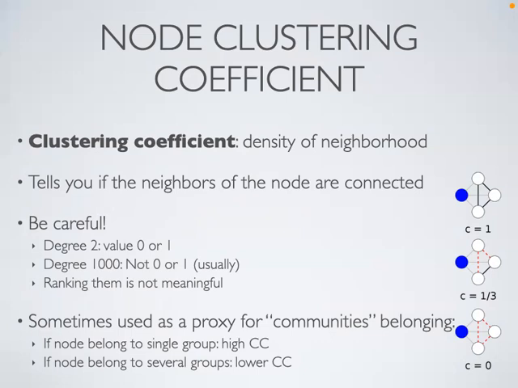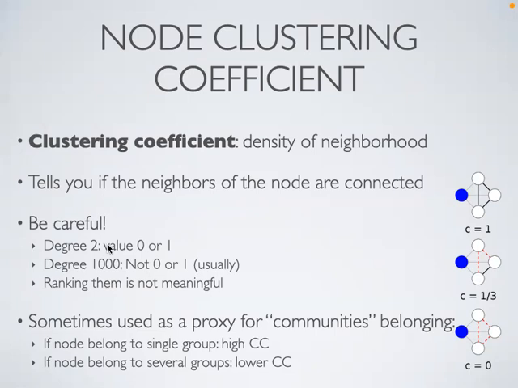Another one that we have already discussed is the node clustering coefficient. If you remember, it corresponds to the density of the neighborhood of a node, or the proportion of closed triangles among all triangles among the neighbors. I warned you that you have to be careful, because if you have a degree of 2, then the value can only be 0 or 1.